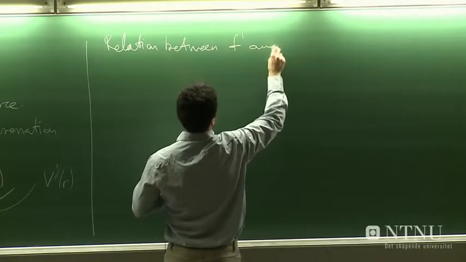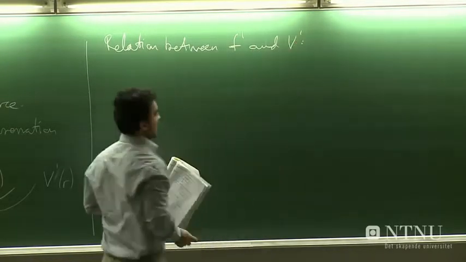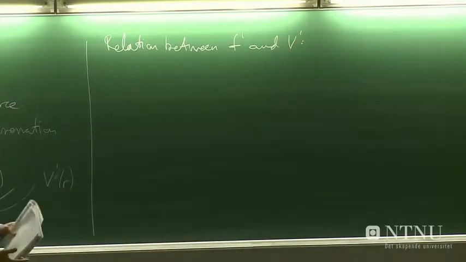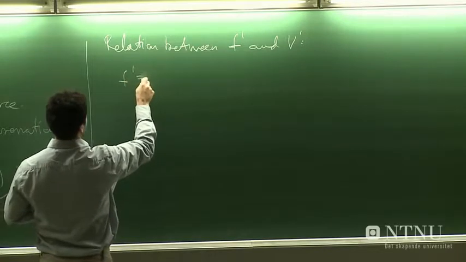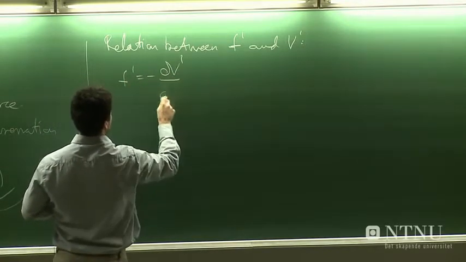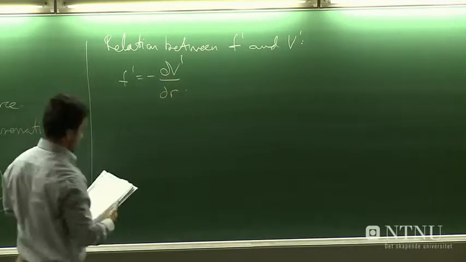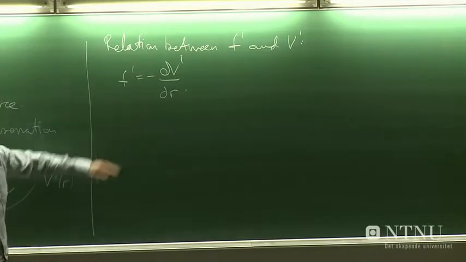And since we have a conservative system, the relation between F prime and V prime is given in the usual way.